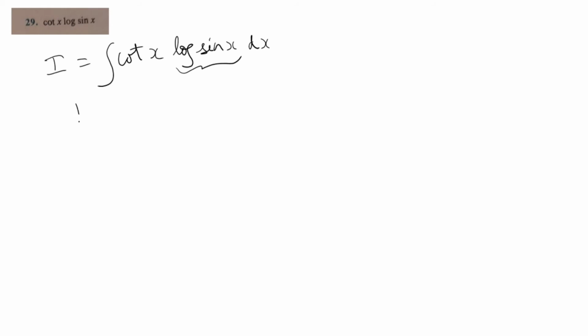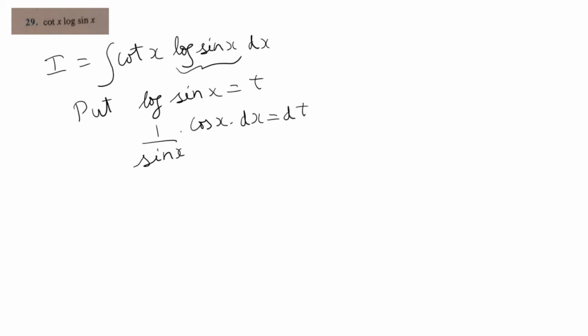So we can put log sin x is equal to t. So when we differentiate this, we will get 1 by sin x into cos x into dx is equal to dt. That is, cos x by sin x is nothing but cot x. So cot x dx is equal to dt.